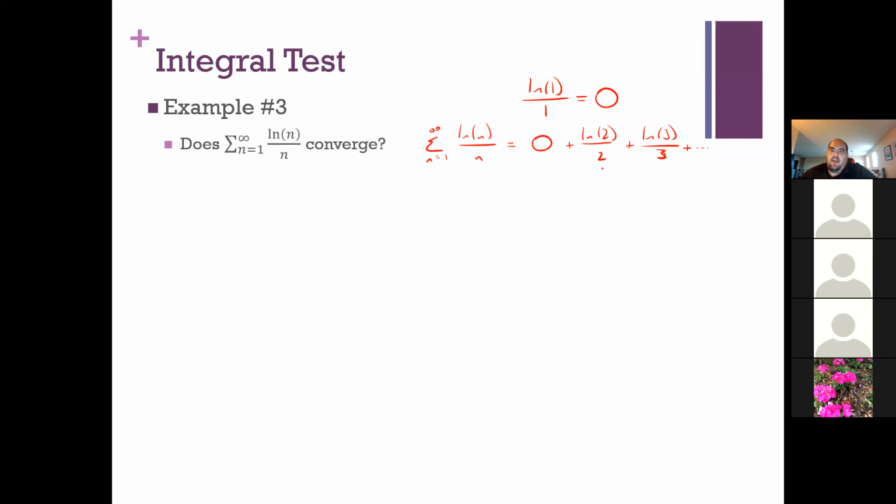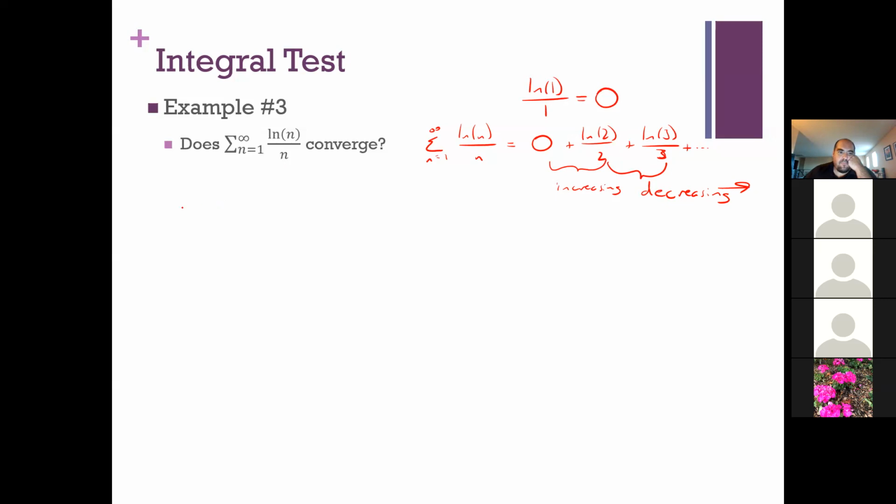Oh yeah, it starts off, from here to here, it's increasing. And then from here to here, and probably for the rest of the sequence, it's going to be decreasing.